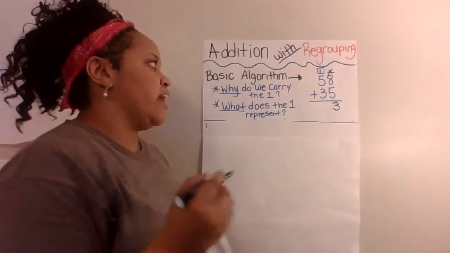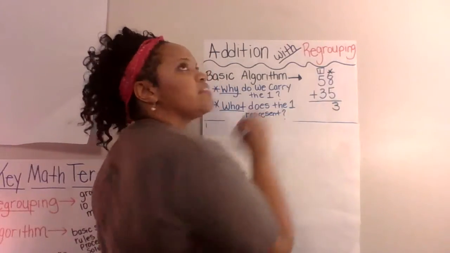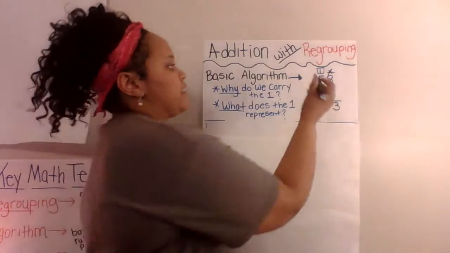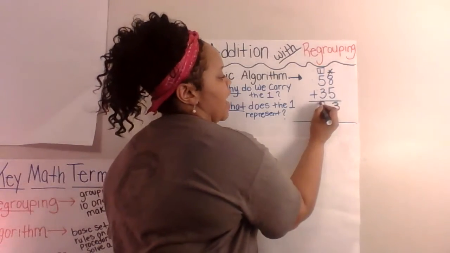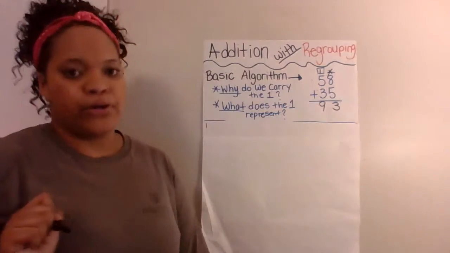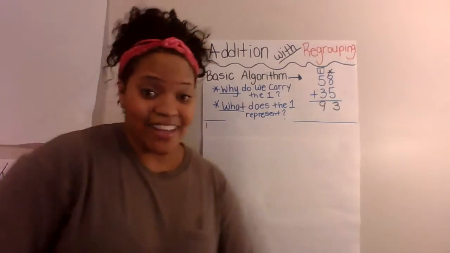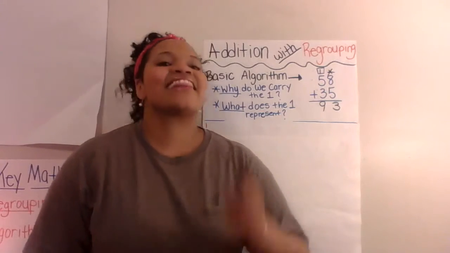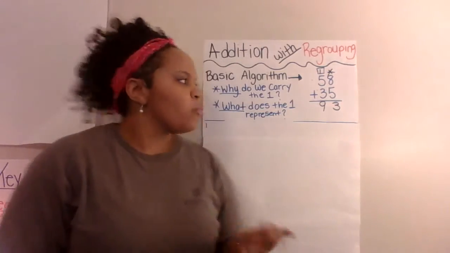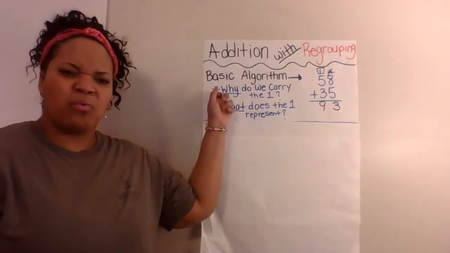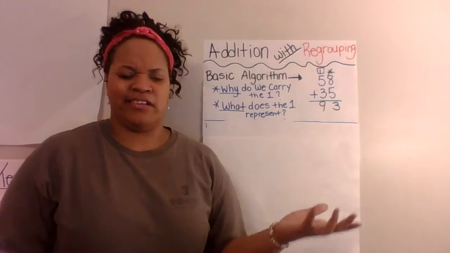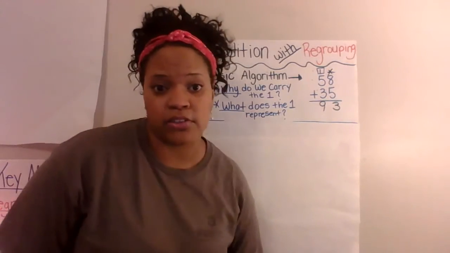And then I just add: 1 plus 5 is 6, and 6 plus 3 is 9. Boom. My answer, 93. A lot of people know how to do that, right? This is where we have the problem. When I say, okay, why did we carry the 1? Well, because we were supposed to.